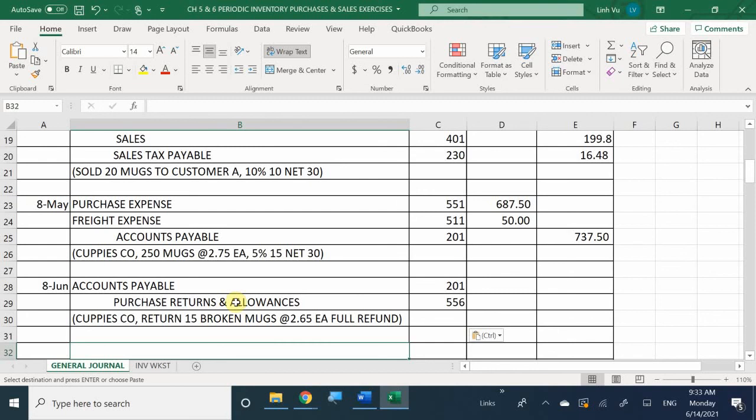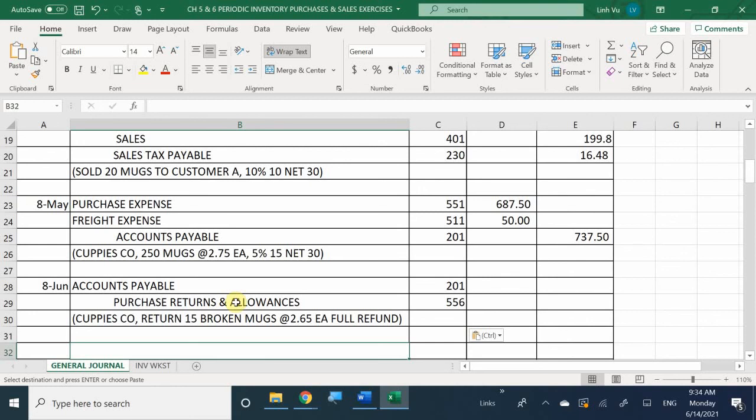Exactly. If I paid on accounts payable and I'm returning a product to them, they're going to reduce what I owe them, because I never paid them in cash. So they can't give me money. They can't credit me with cash. They can only reduce my bill at this point.